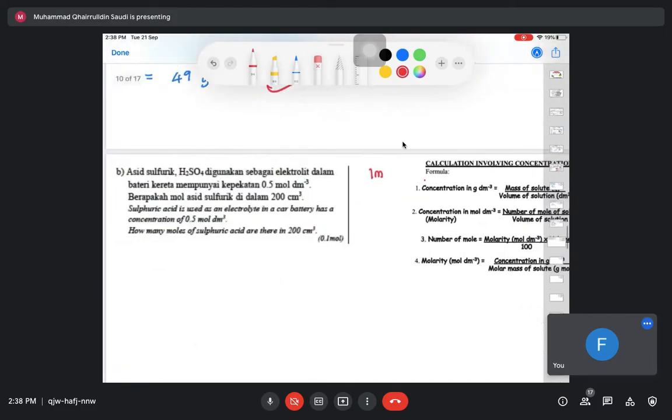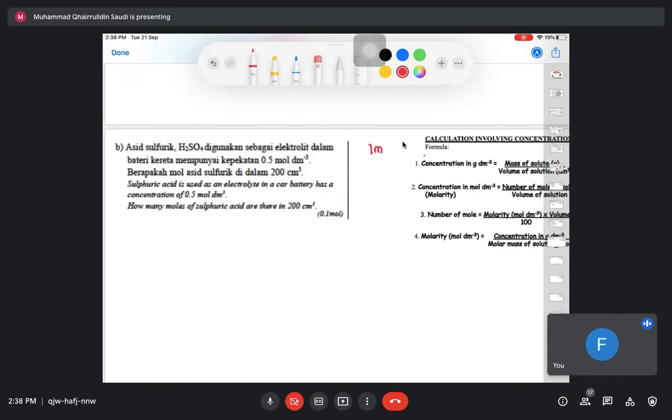Next one, B. Given that the sulfuric acid used as electrolyte has concentration 0.5 mole per dm cube, how many moles are there in 200 centimeter cube? Which formula will we use? Good, formula 3. Do we have to change the formula? Number of mole?